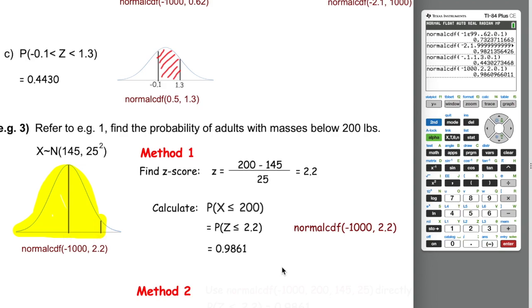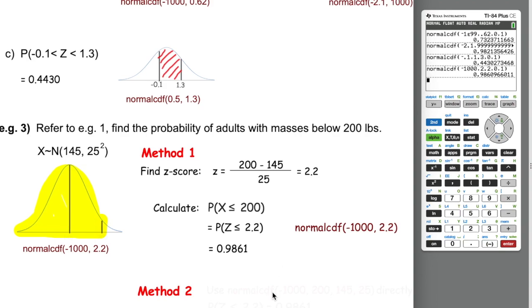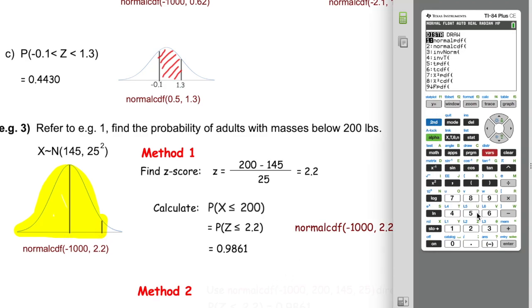We had to do it this way in the past, but now with modern technology, you know there is a shortcut. We use a lower bound of negative 1000 to indicate the far end on the distribution. The upper bound, I can actually use the data, 200 pounds.